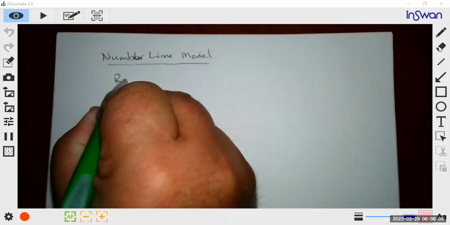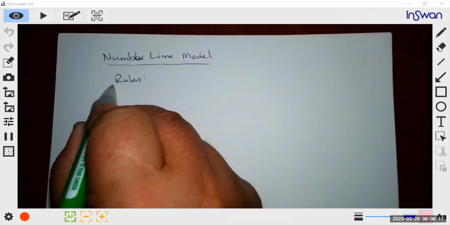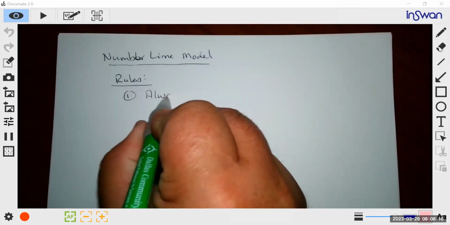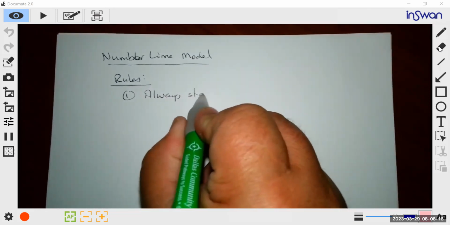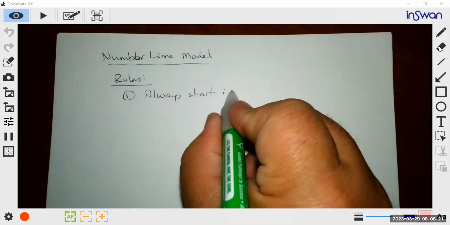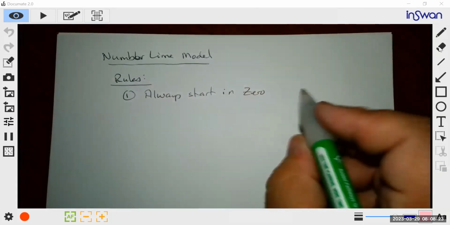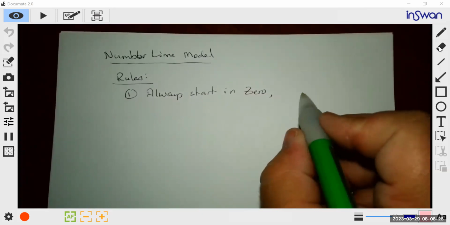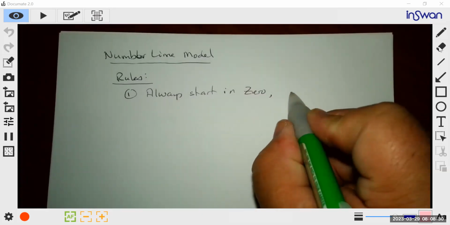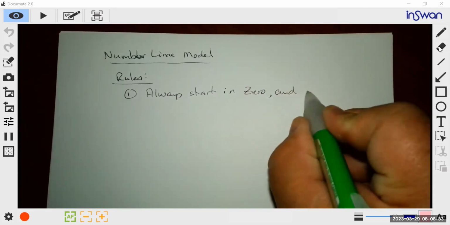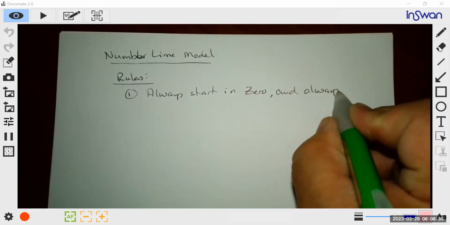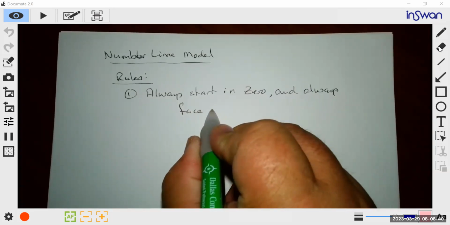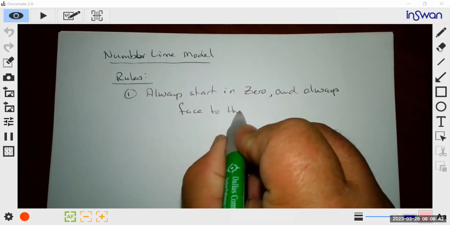Here are the rules for using the number line. Always start in 0. Remember, that's in the middle of your number line. And always face to the right.